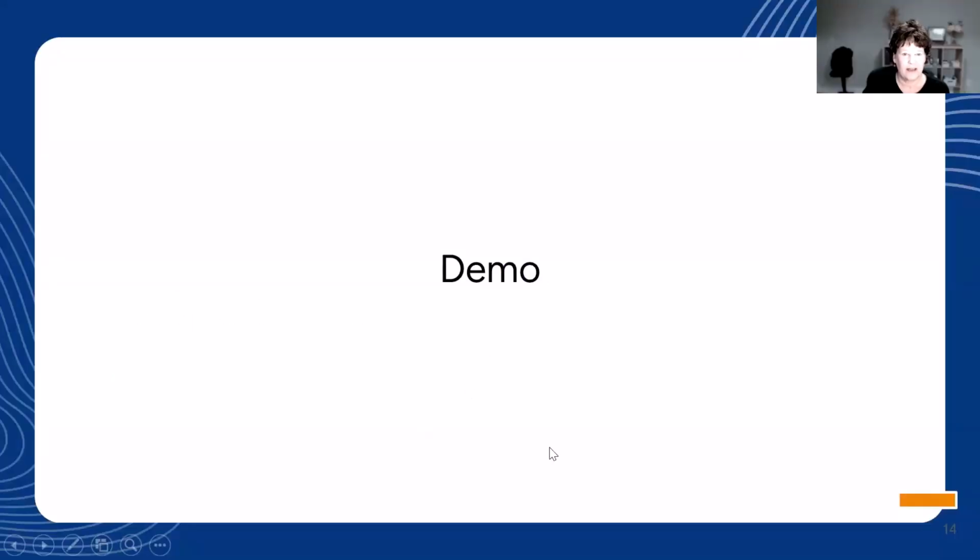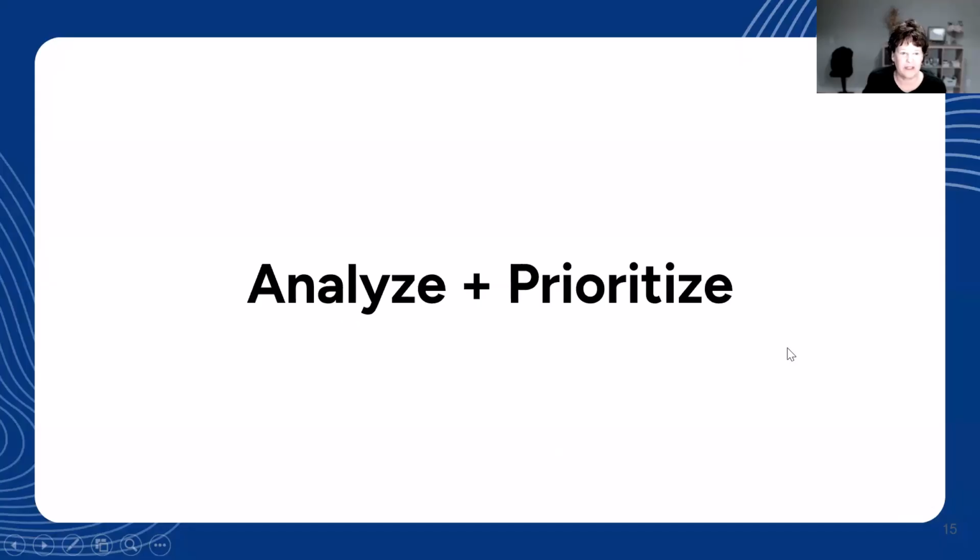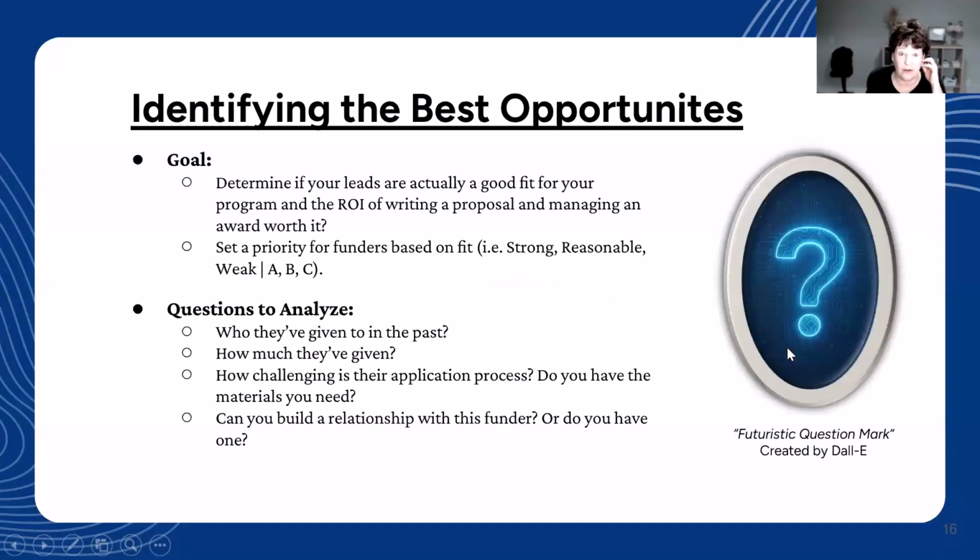Yeah. So now that you've identified those funders, like David said, now you want to start digging into more information about the funder to find those best opportunities for your organization. So again, there are lots of different areas that you can look at when David was showing you the profile. But what you're looking at is which funding opportunities are going to be the best for your organization. And you can set any priority that you want.